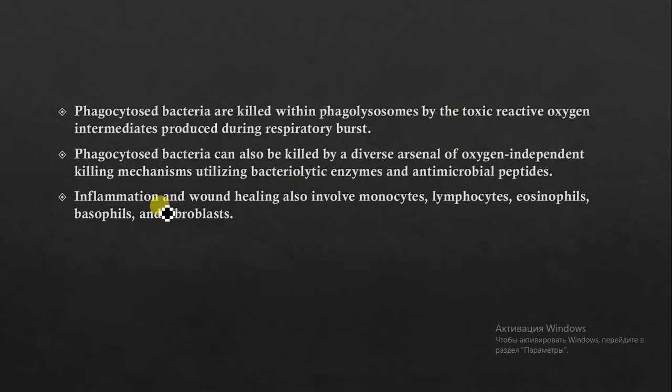Inflammation and wound healing also involve monocytes, lymphocytes, eosinophils, basophils, and fibroblasts. So don't think that only neutrophils facilitate this function, but neutrophils are just the first and most active participant of the inflammation.